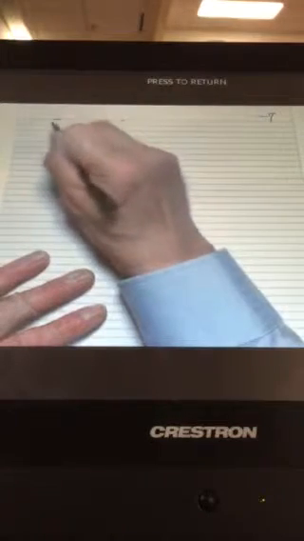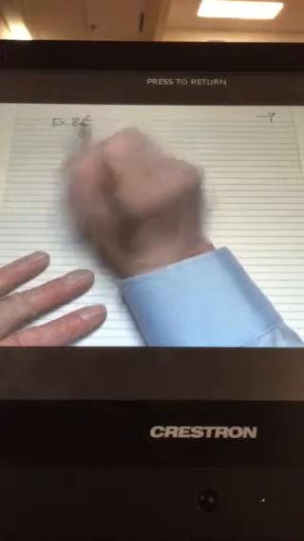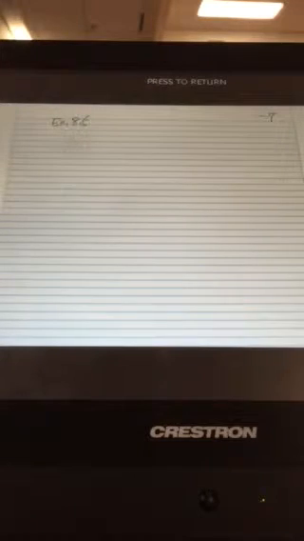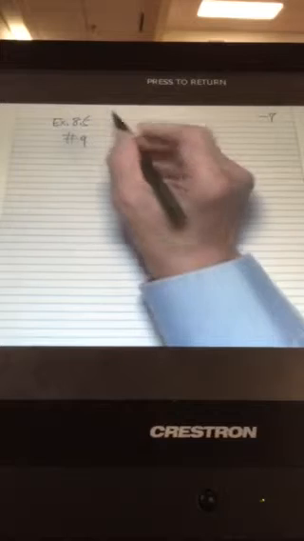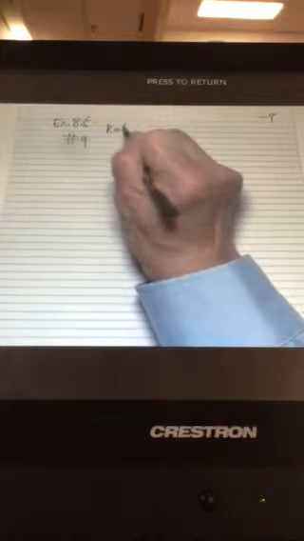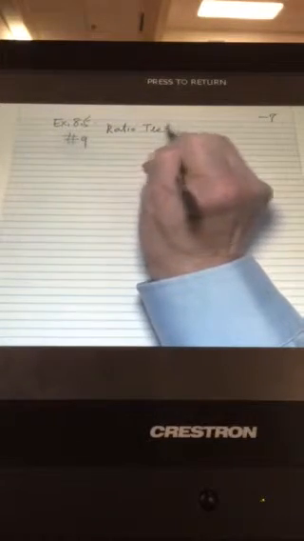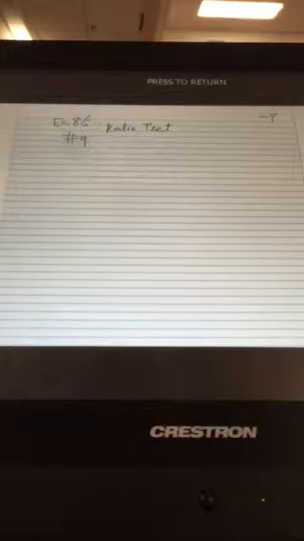Okay, so I'm going to look at exercise 8.5, that's 9 to 37 R. Okay, so I'm going to look at number 9, and it tells me to use the ratio test.